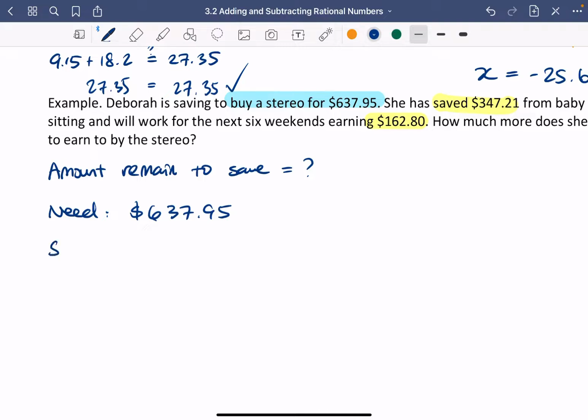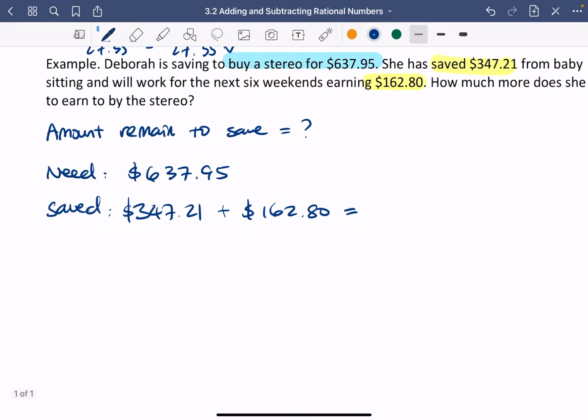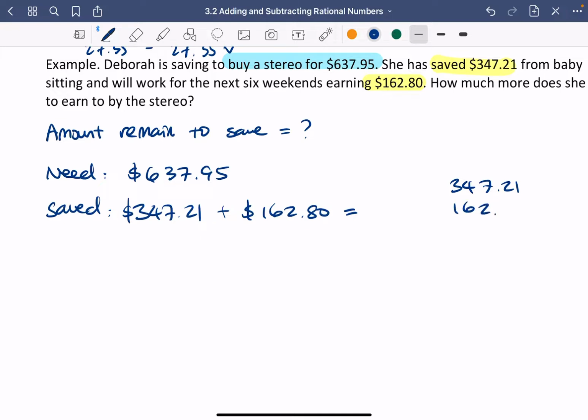And we also know that she has saved 347.21 already, and she will be saving 162.80. So altogether, she will have saved, if you add them up, $510.01.